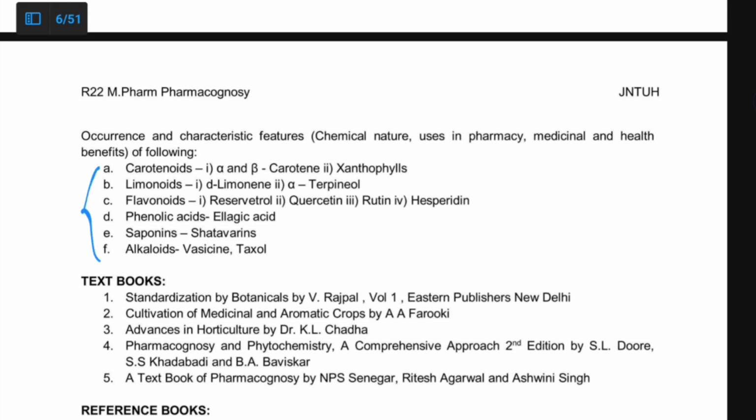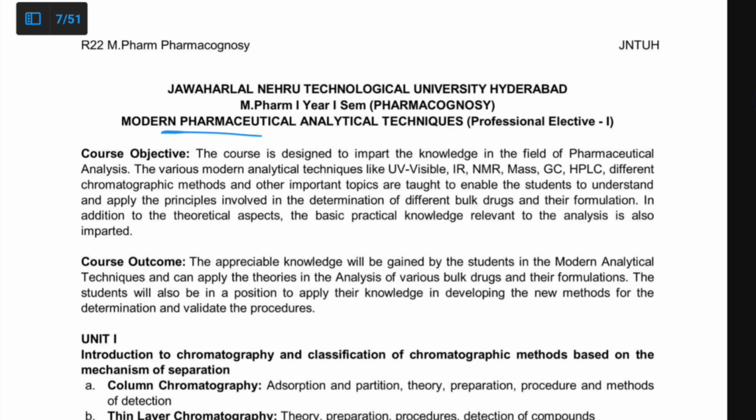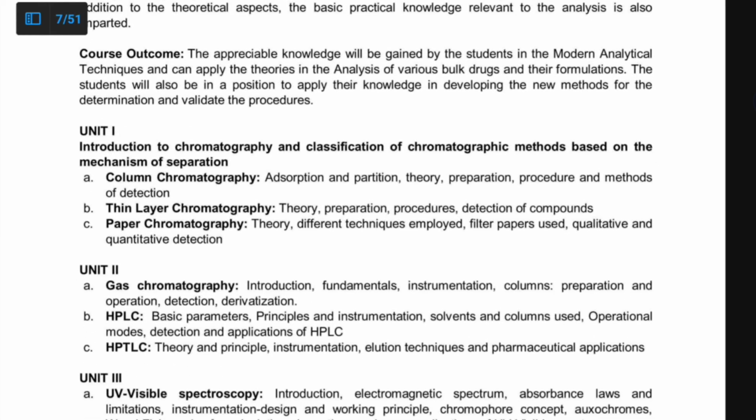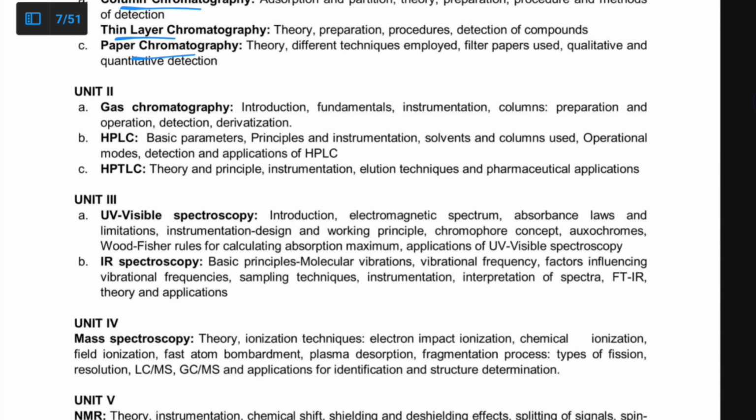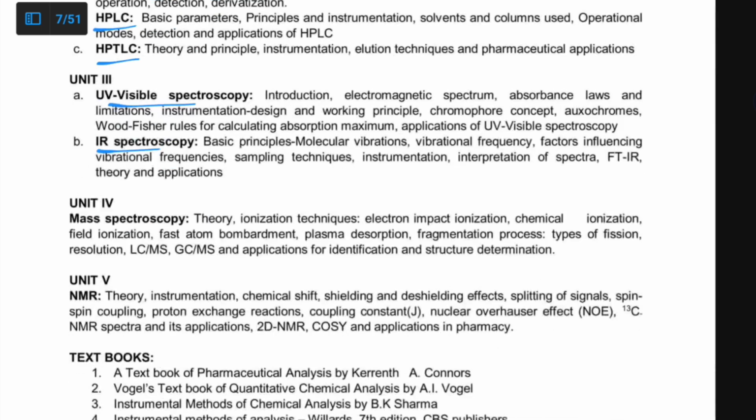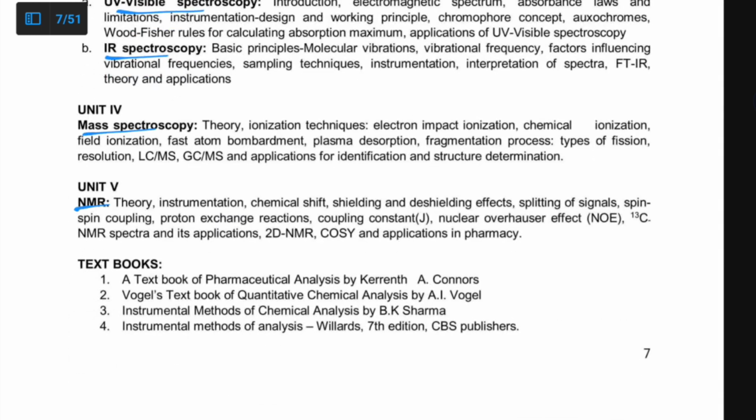of these categories. Then we have modern pharmaceutical analytical techniques: introduction to chromatography, classification of chromatography like column chromatography, thin layer chromatography, paper chromatography, gas chromatography, HPLC, HPTLC, UV spectroscopy, IR spectroscopy, mass spectroscopy, NMR spectroscopy.